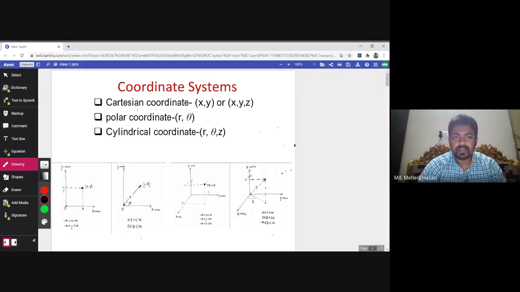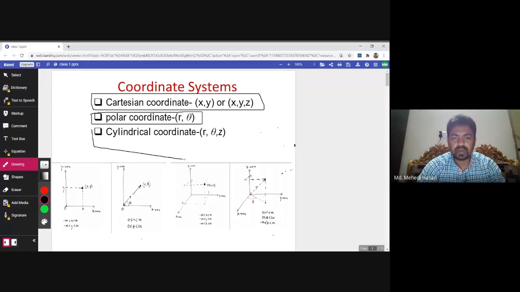So here the three coordinate systems are: first, Cartesian coordinate system, second, polar coordinate system, and third, cylindrical coordinate system.